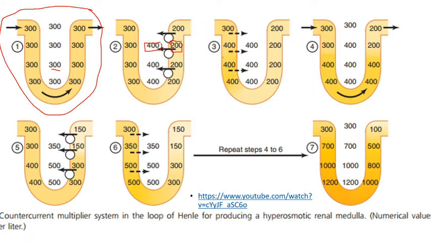If we now go back to the descending limb, you've got tubular contents coming down. Because the concentration was 300 in here and 400 in the interstitium, water will start to leave until you get equilibrium. So water leaves the descending limb until you've got 400 and 400.